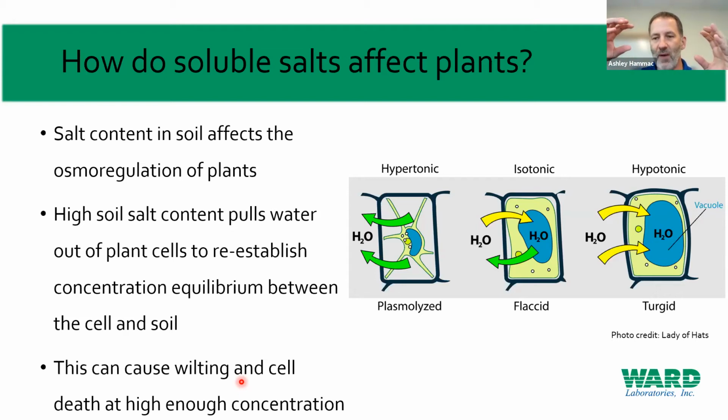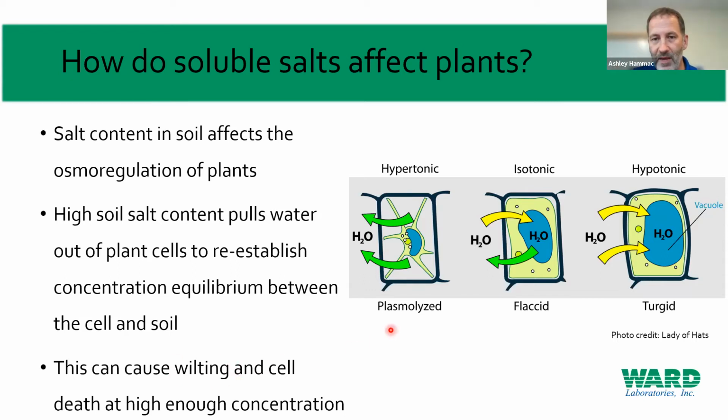So water moves from the cell to the soil solution in an effort to make that concentration balanced, to make it equivalent. And so you get water moving through the membrane out of the cell and into the soil solution when you have excess salt. And so that basically is, you're dehydrating the plant. You're pulling water out of the plant so that this equilibrium can be reestablished based on the concentration of salt in the soil and in the cell.